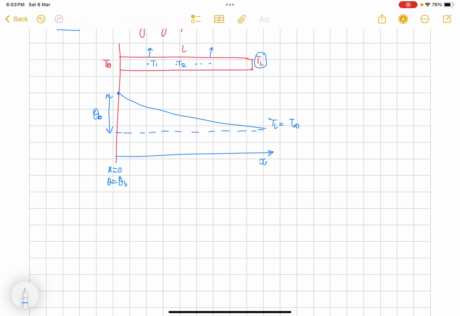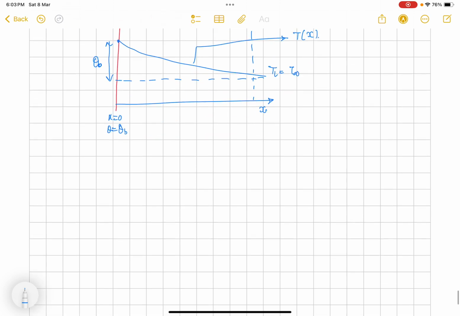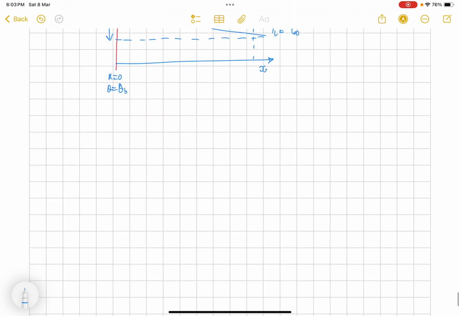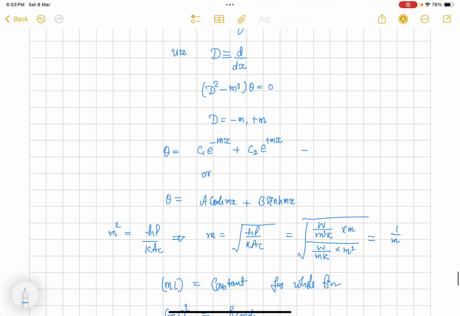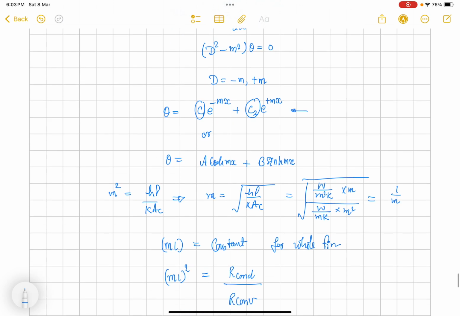We want to find this temperature profile. We have already found the solution from the above. Where is it? This. But we don't know C1 and C2 because they are dependent on boundary conditions.